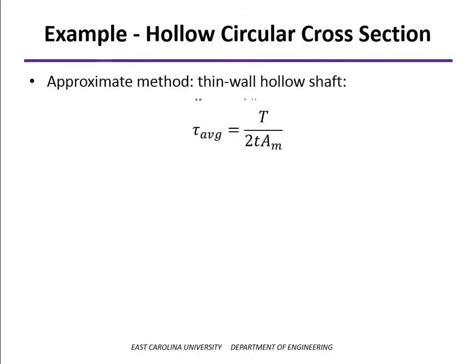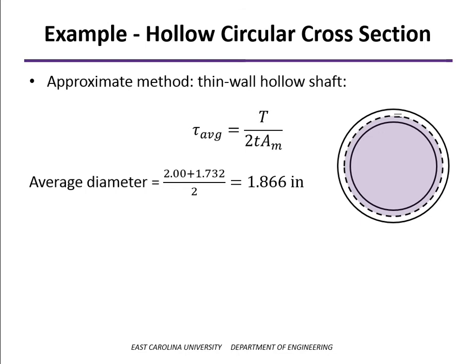And in fact, we can use an approximate method that works for thin wall hollow shafts, and it involves the mean area that's contained within the mid thickness of the shaft. In this case we take the average diameter, and the area that's contained within that average diameter is what we call A sub m, A mean.